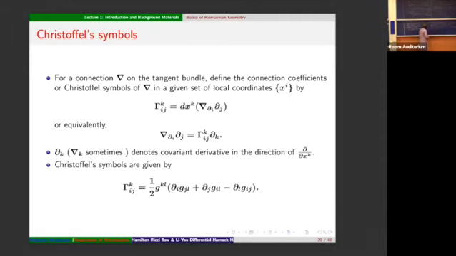You have it like this, and you can express it as one half, g^{kl} times the derivative of g_{jl} plus the derivative of g_{il} minus the derivative of g_{ij}. So this is what you have in local coordinates.